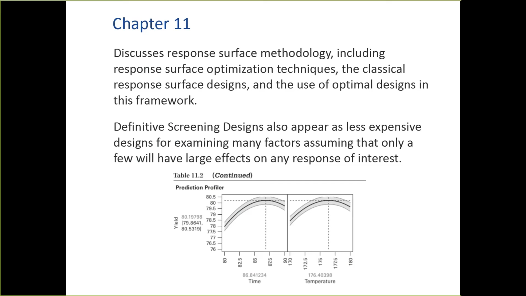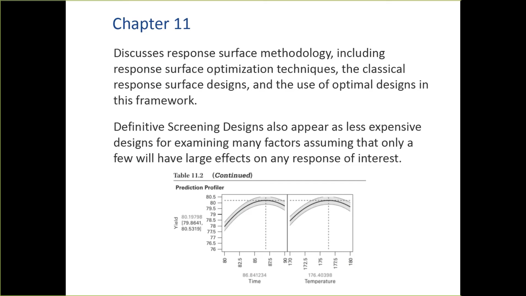For instance, you may need to be experimenting in a region where, if you try to use a classic design, the combinations of temperature and time may be so extreme that you melt the tool, or that you blow up the process. Yeah, a career-limiting move. So the optimal design approach is the right approach to go here.